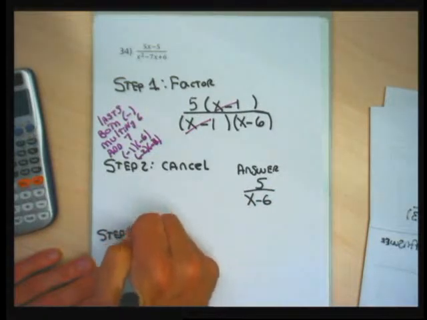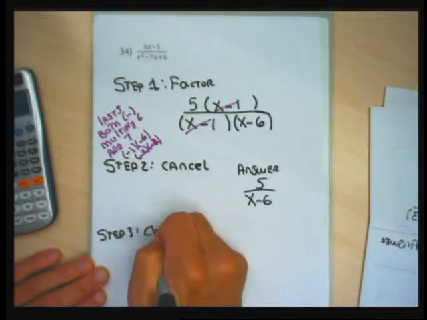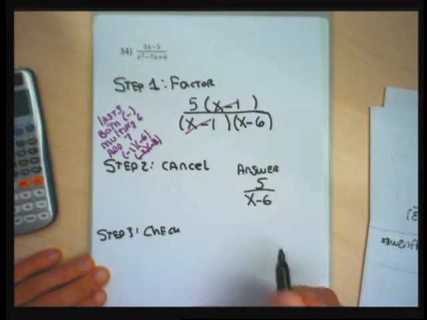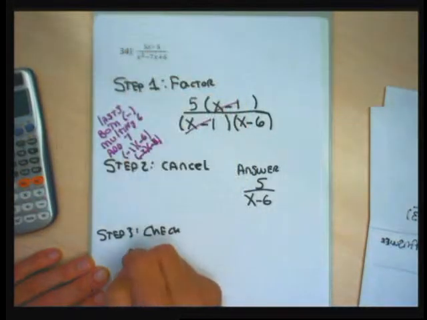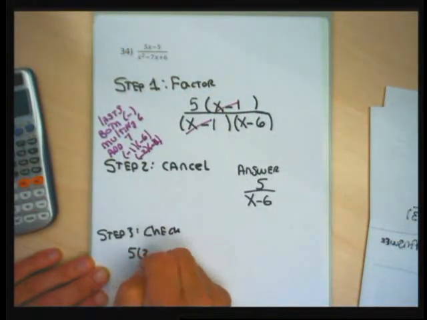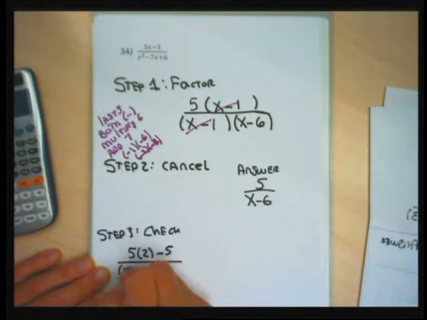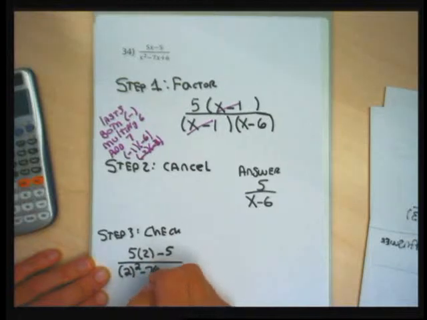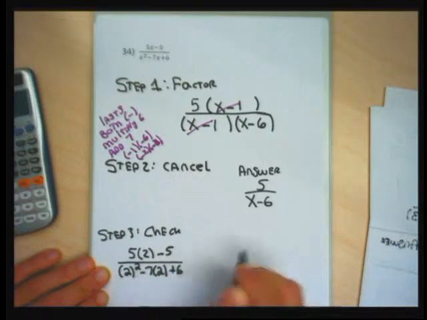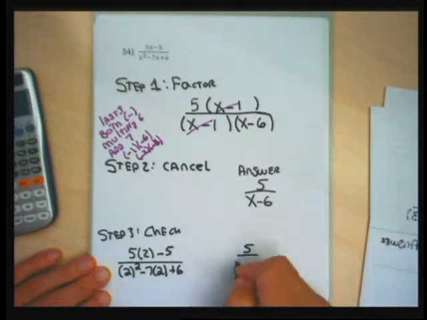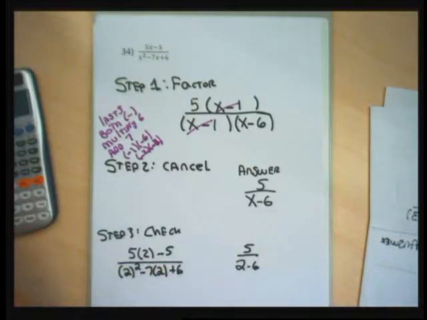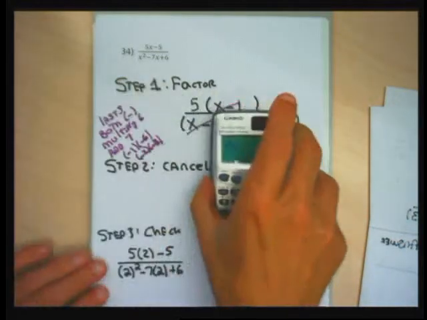Step 3 is optional, but it's not a bad idea to do my checking. I'm going to put 2 in for x's. So in the original problem, I'd go 5 times 2 minus 5 over 2 squared minus 7 times 2 plus 6. And in my answer, I'm going to go 5 over 2 minus 6. See what happens when I do that.